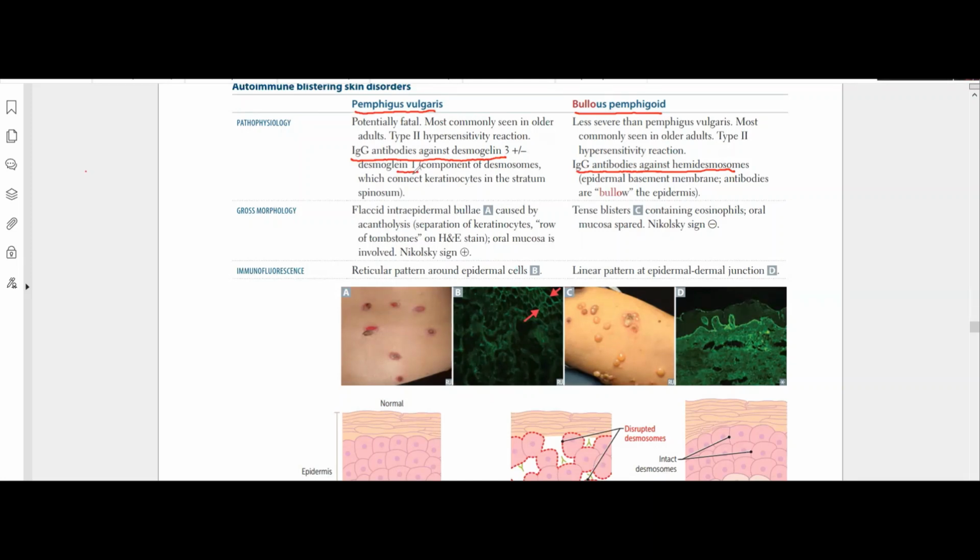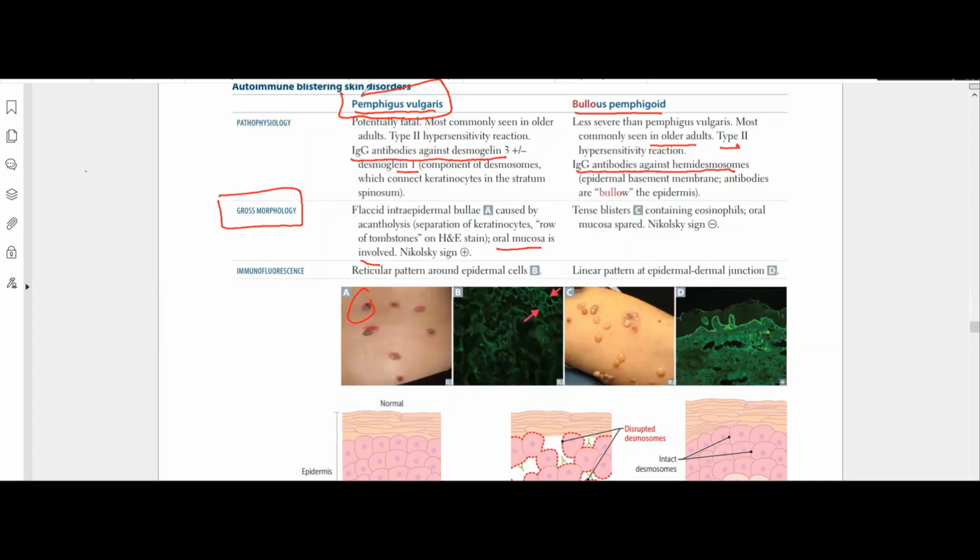Both diseases take place in older adults, and both are examples of type 2 hypersensitivity reaction. The gross morphology of Pemphigus vulgaris is a flaccid intraepidermal bulla. These are caused by acantholysis, separation of the keratinocytes, with a row of tombstones on H&E stain. The oral mucosa is involved in Pemphigus vulgaris.